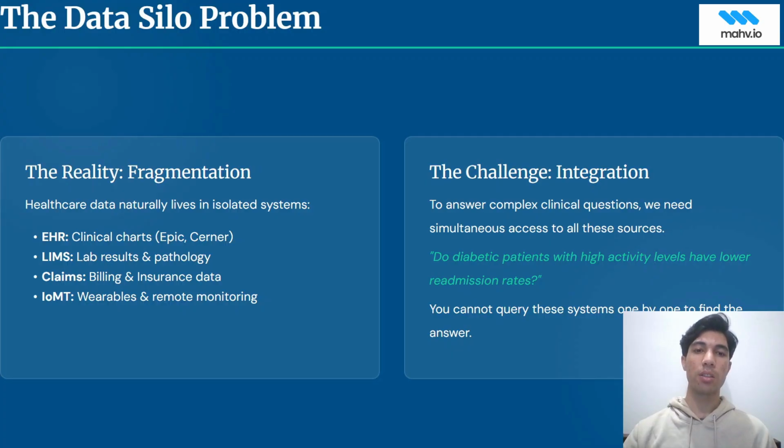For example, we have to extract an insight: do diabetic patients with high activity levels have lower readmission rates? If we want to extract this insight, then we cannot just query these systems one by one to find the answer to this question. We need all this data in one single system or place.